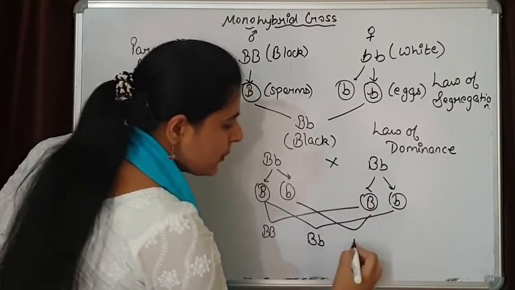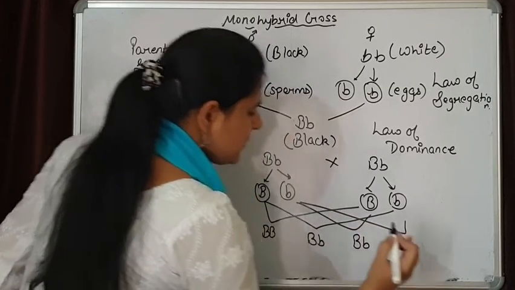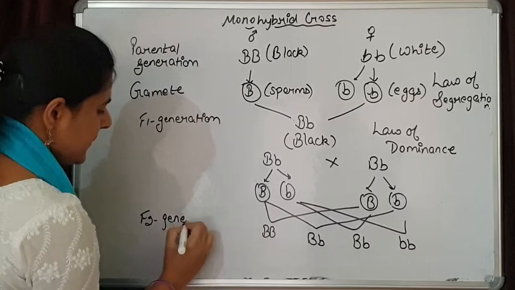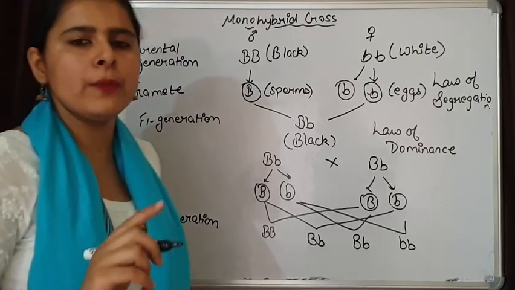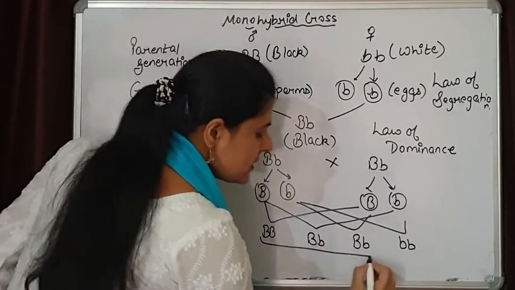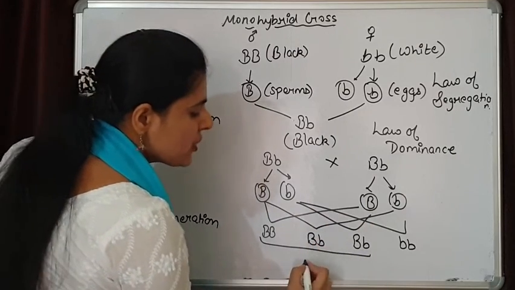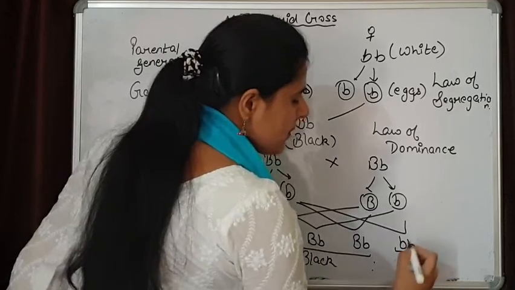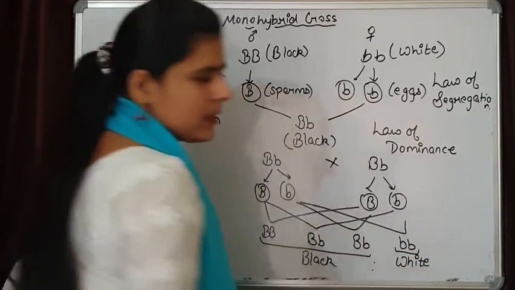This can also combine with both these. So this is how we are getting our F2 generation. The guinea pigs that are formed in the second filial generation, in this both the characters are expressed. Maximum of them are showing black color, and a small number are white in color.